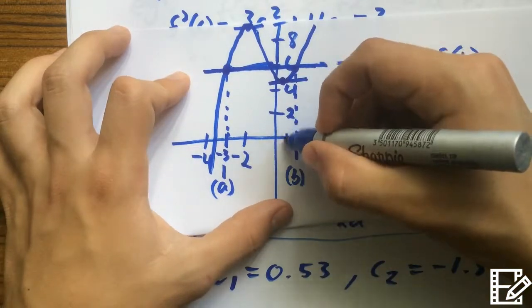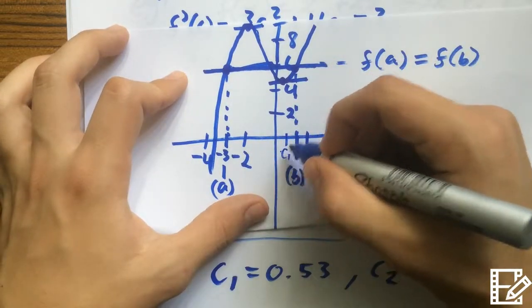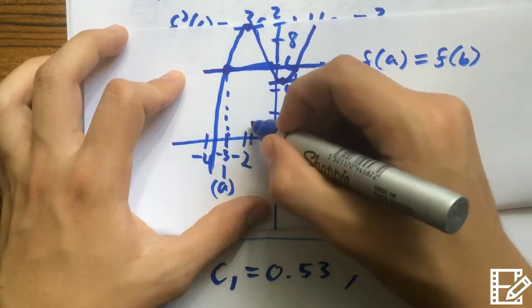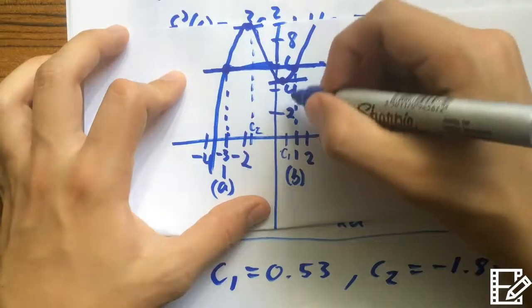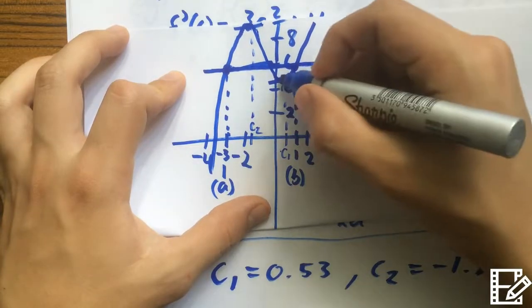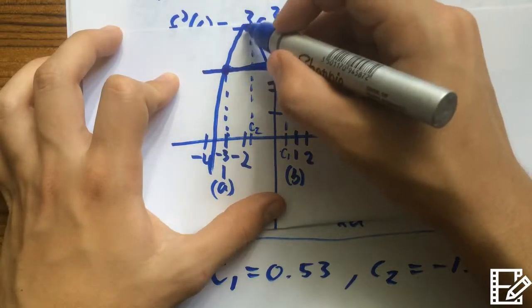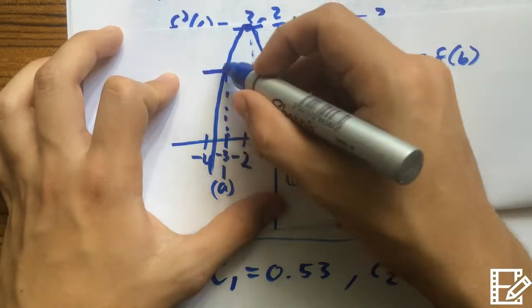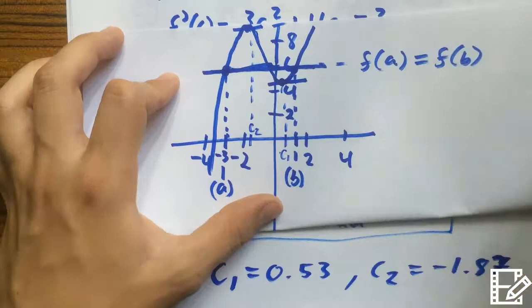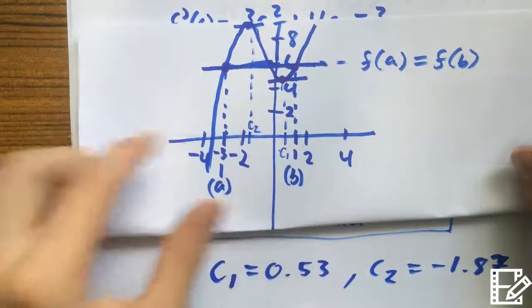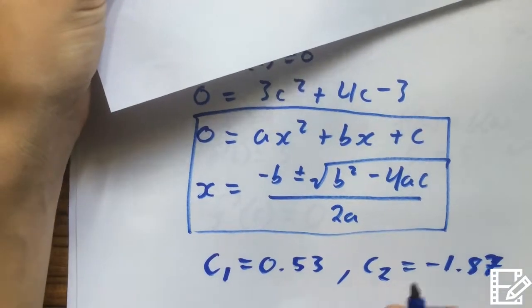So this would be c1, and this here would be c2. So at these points, trail them up. Where they line up, the slope at those points will be equal to the slope passing through the two points of the interval, which in this case is 0.